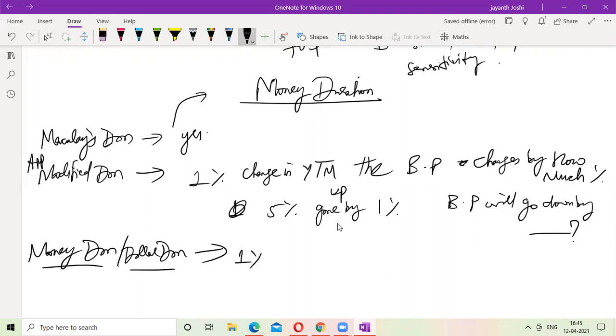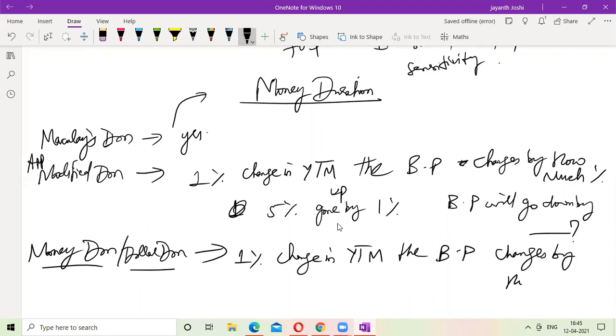So with a 1% change in YTM, the bond price changes by how many dollars? That means money duration measures the dollar price change.